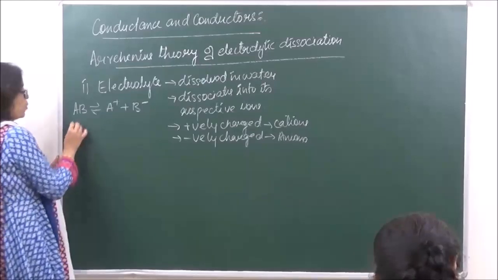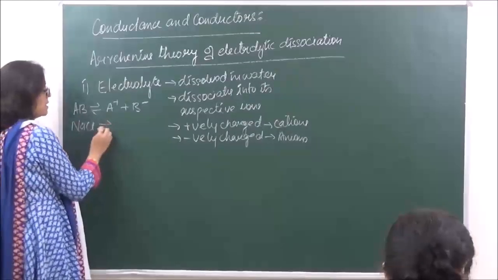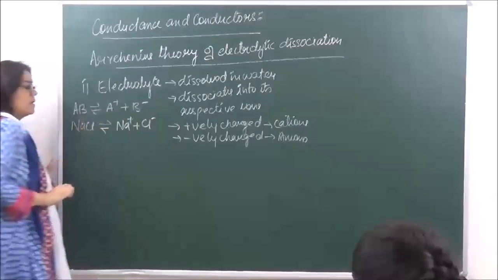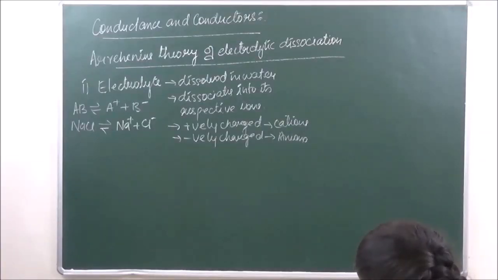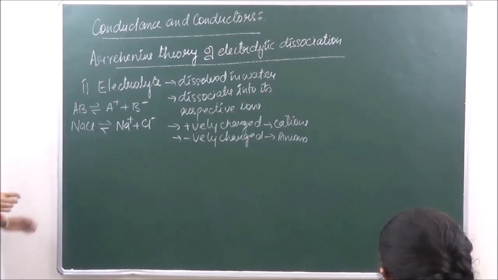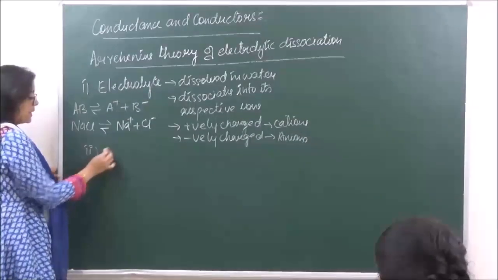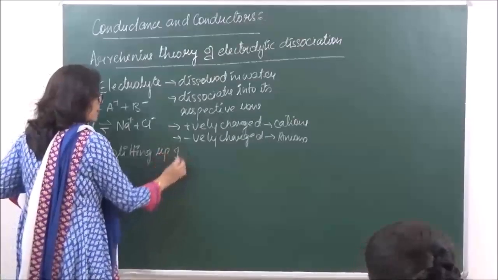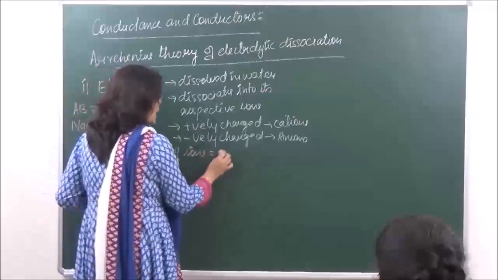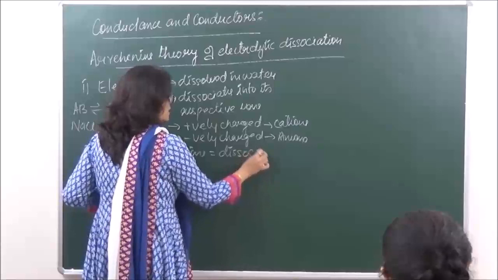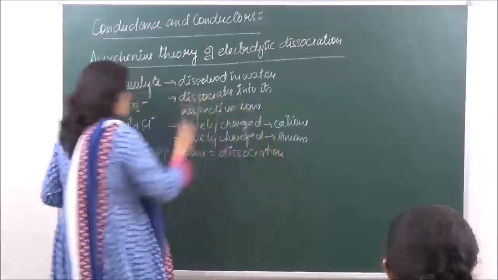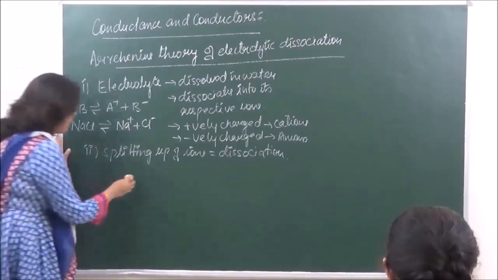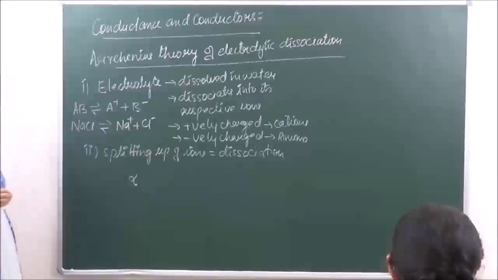An example we can take is that of NaCl. When we dissolve NaCl in water, it immediately dissociates into its respective ions. Then number 2. The process of splitting up of ions is known as dissociation, and the degree of dissociation is represented by alpha.